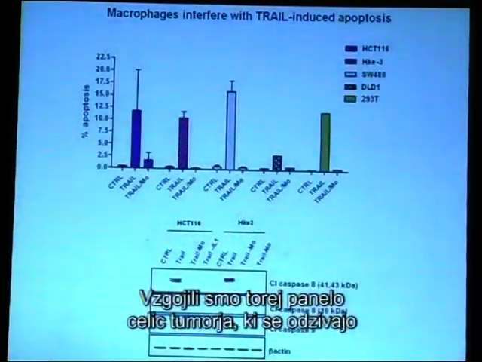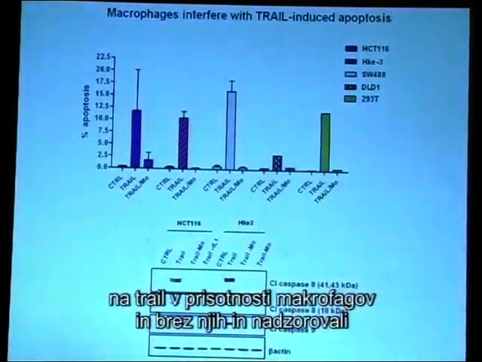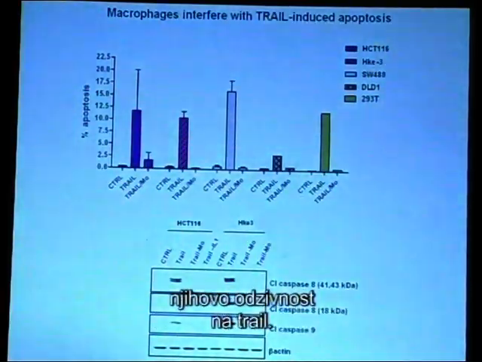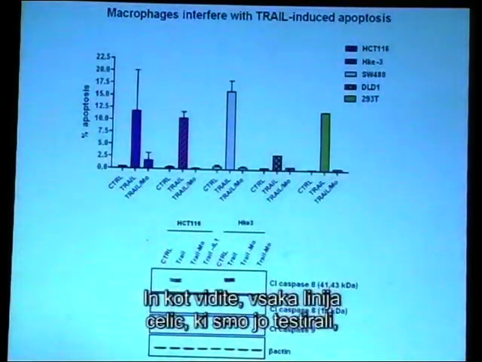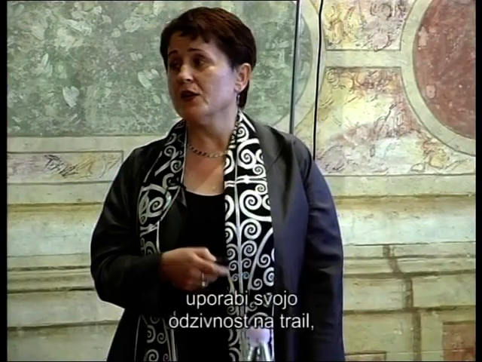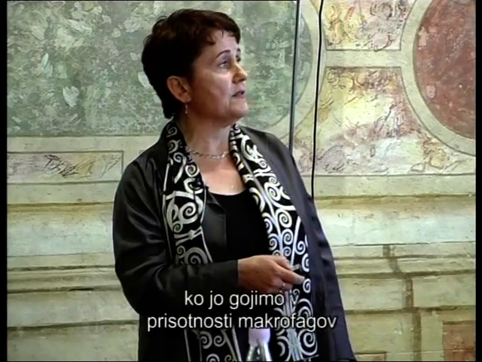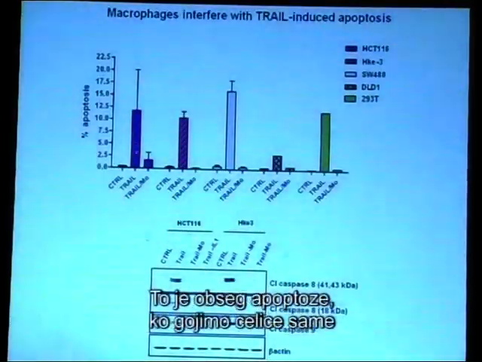So we cultured a panel of TRAIL-responsive tumor cells in the absence or in the presence of macrophages and tested their responsiveness to TRAIL. And as you can see, every cell line that we tested loses the responsiveness to TRAIL when cultured in the presence of macrophages. This is the extent of apoptosis when we culture cells alone.